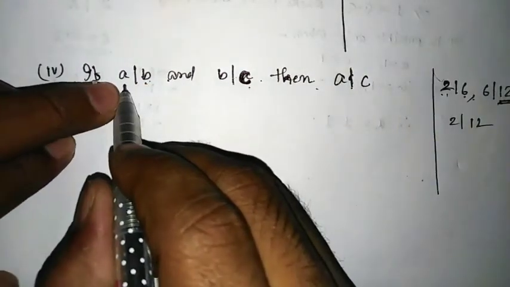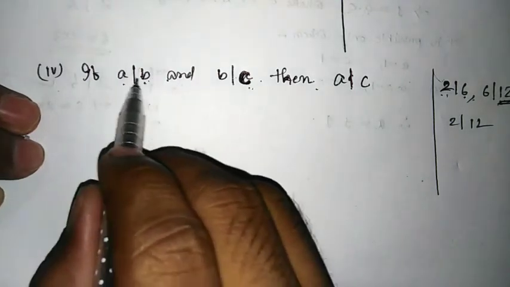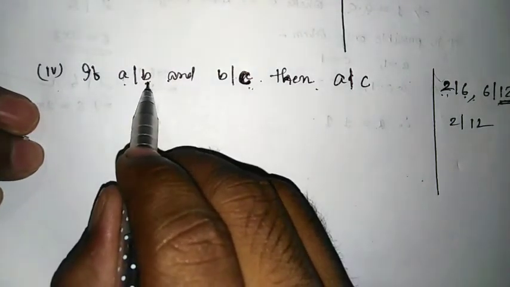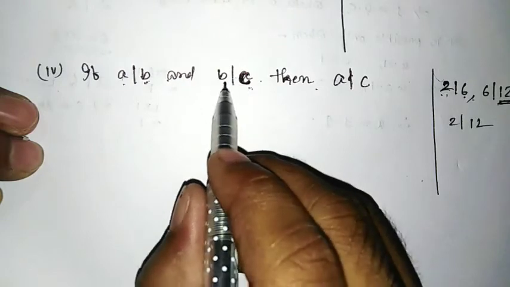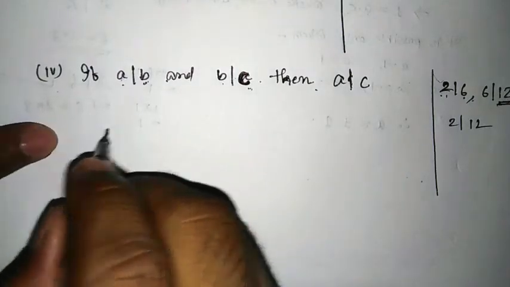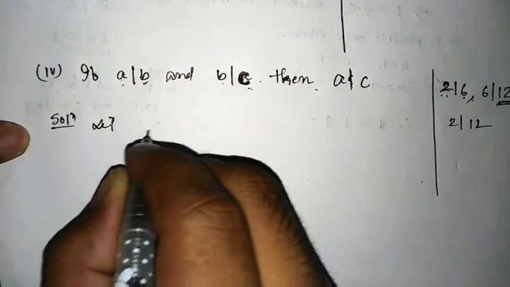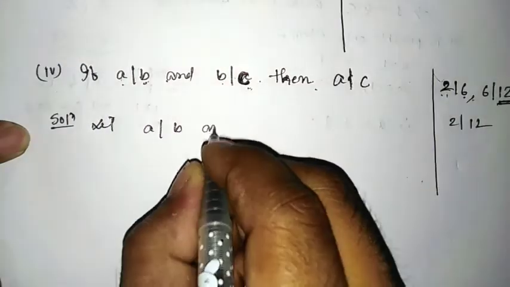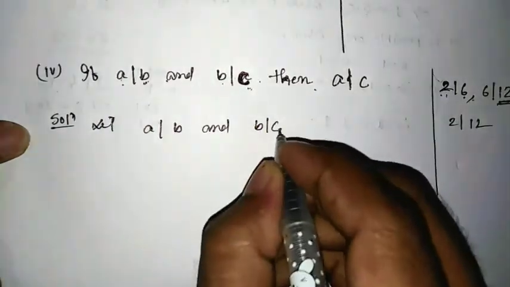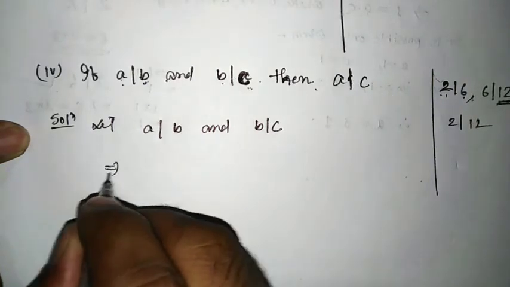If 2 divides 6 and 6 divides another integer 12, then the first integer also divides the last integer. So a divides b and this b divides something c, then we have to prove that a divides this c. Because a is already in b and b divides something, a is also dividing c. So now we will prove it.